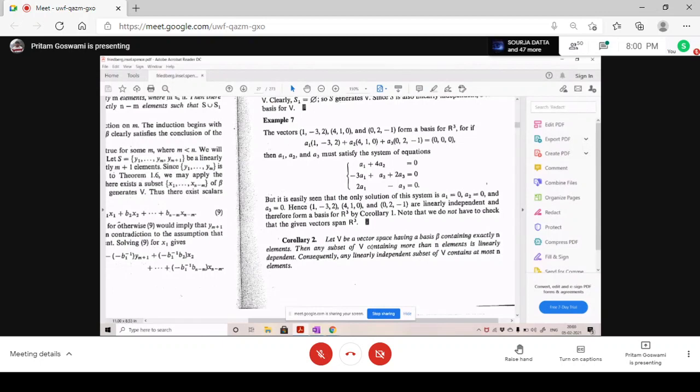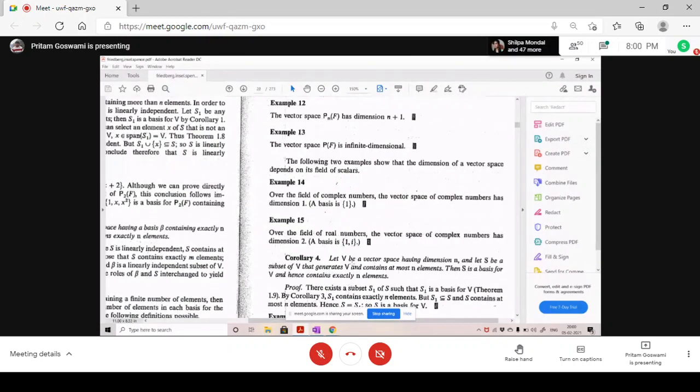Basis is already linearly independent. So if it is linearly independent but doesn't span, then it will be less than n. If it spans the whole set, then it itself is a basis, right? So if it is not a basis and linearly independent, then it will always be less than n.